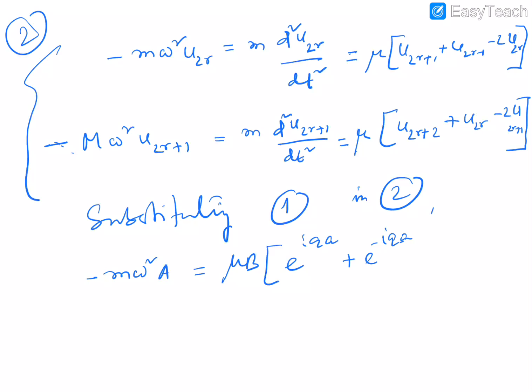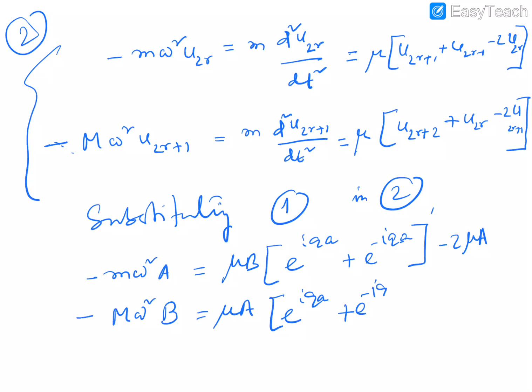So remember, q is the phonon wave vector. And minus 2 mu a. Okay, and the other one would be capital M omega square b equal to mu a times again e to the power iqa plus e to the power minus iqa, minus 2 mu b. So these are the two equations we would get. Now let me write it as number 3.